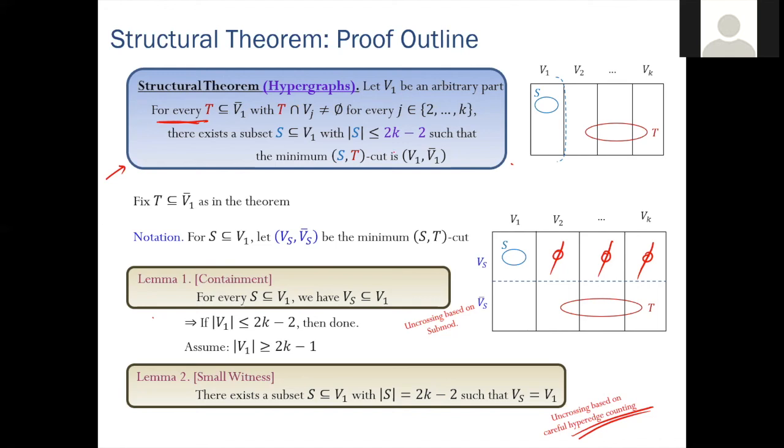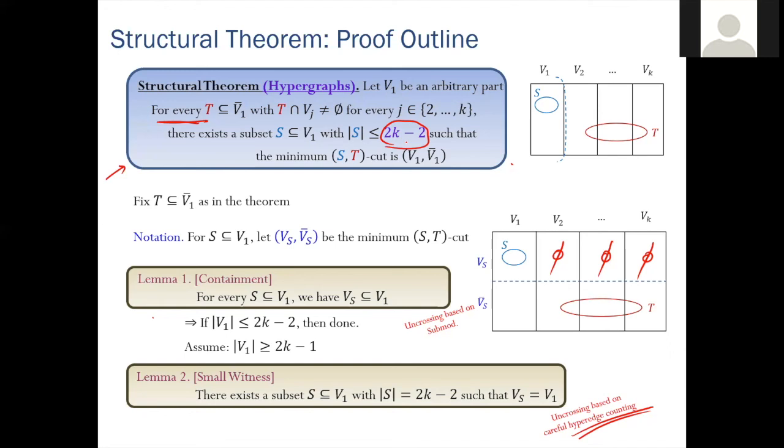One could ask, what if I relax this bound? Maybe size of S at most K squared, or maybe something larger. We still believe we have counterexamples for all of that. So this approach does not seem to extend to submodular functions.